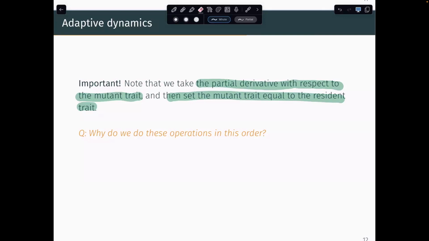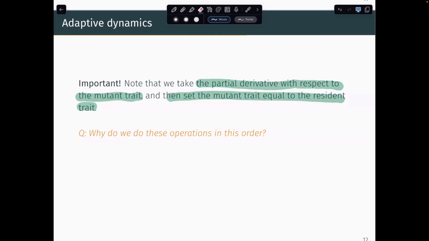But then, why do we set the mutant trait equal to the resident trait after we've done the operation? Well, we're assuming that they're phenotypically very, very similar, for one thing. So we're having very local mutations. And so what we really care about is, given a current resident population, you currently have a particular value of XR, a mutant is about to arise. Given that it's about to arise, everyone currently has the same resident trait. So that's why we set XM equal to XR.